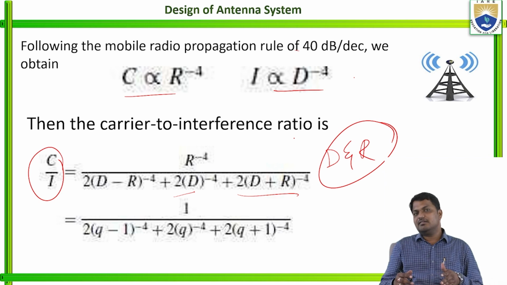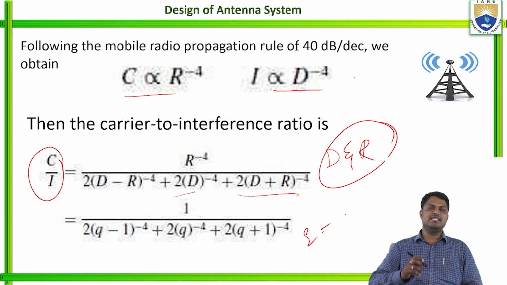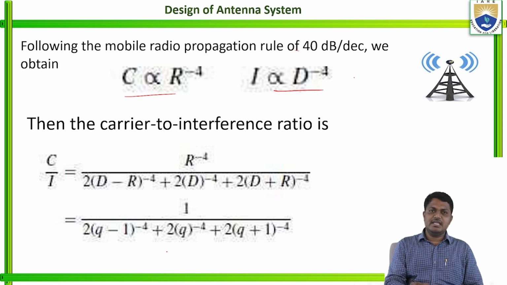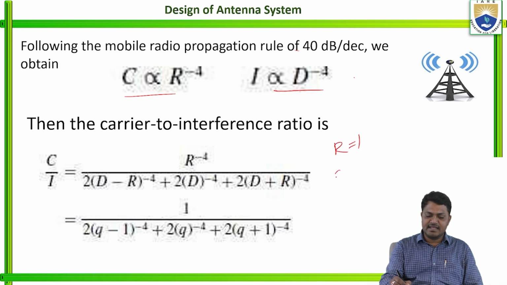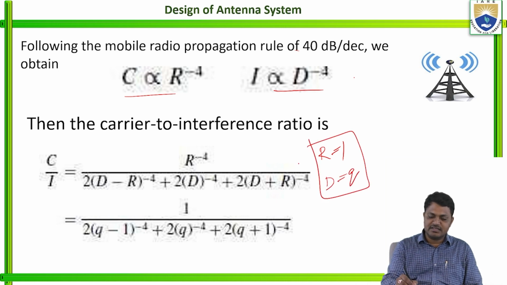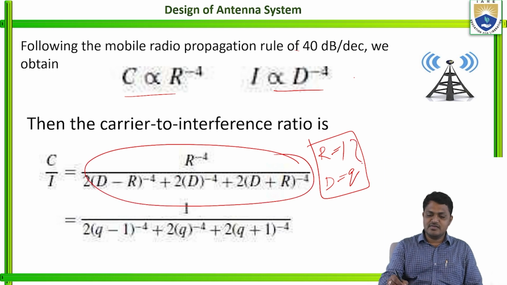This is in terms of D and R, the distance and radius of the cell site. But if they give the Q factor value, the co-channel interference reduction factor, how do we calculate C by I? Taking the same parameters, we substitute R equal to 1 and D equal to Q in this equation.